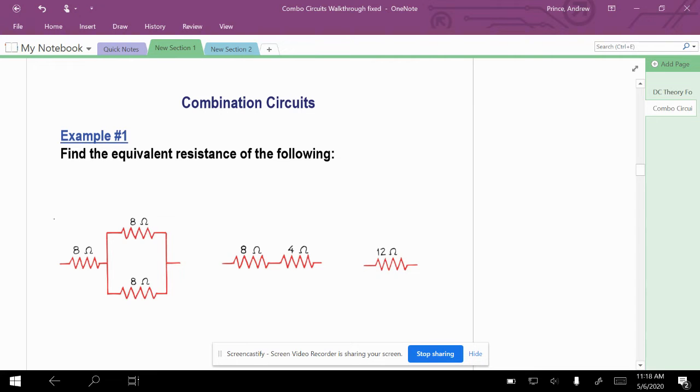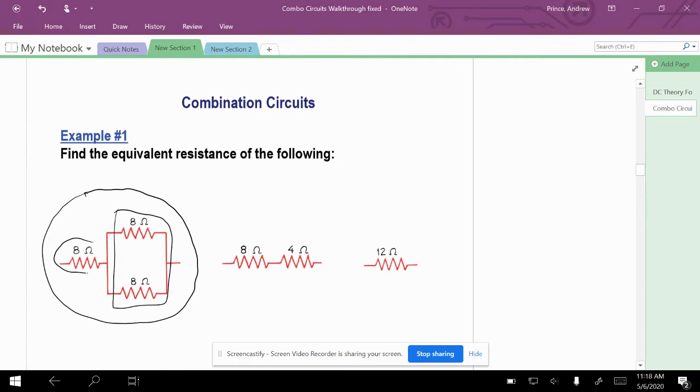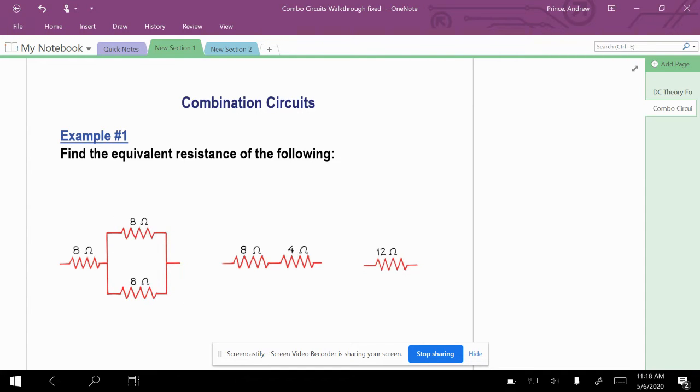So we got a pretty simple example here. We got one combination circuit. So we have parallel resistors, and both of those branch parallel resistors are in series with this resistor here. So we could use our formula, which the one I've been typically using is this one right here.